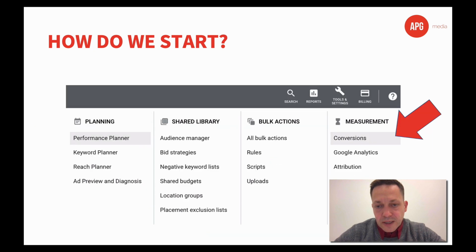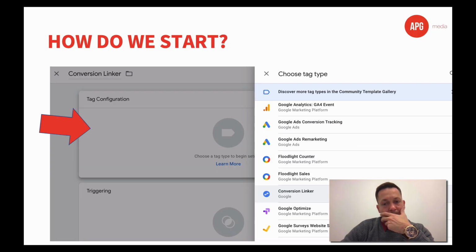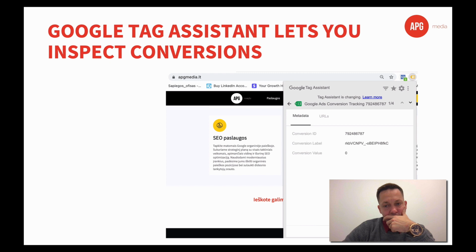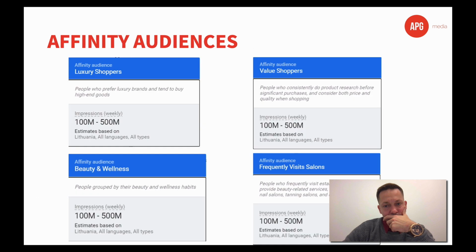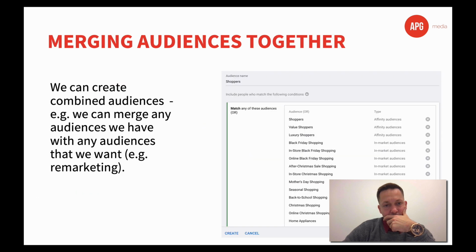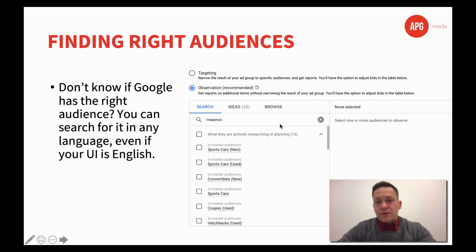So in order to have this combined audience, you have to go to any campaign within Google Ads. You have to go to the browse section. It's not really marked here, but you have to go to the browse section, and on the very bottom there will be the combined audiences. Click it and then select the audiences that you want to combine.